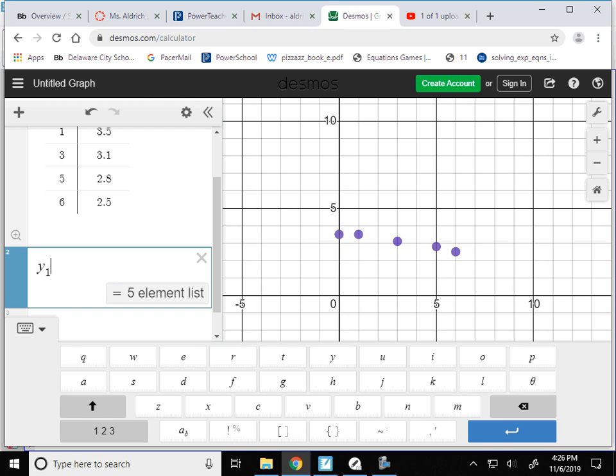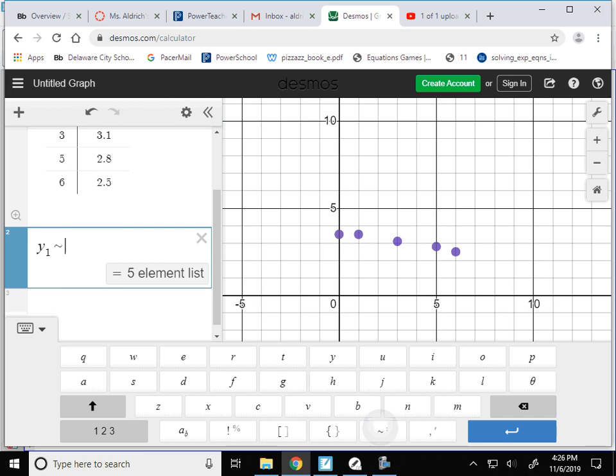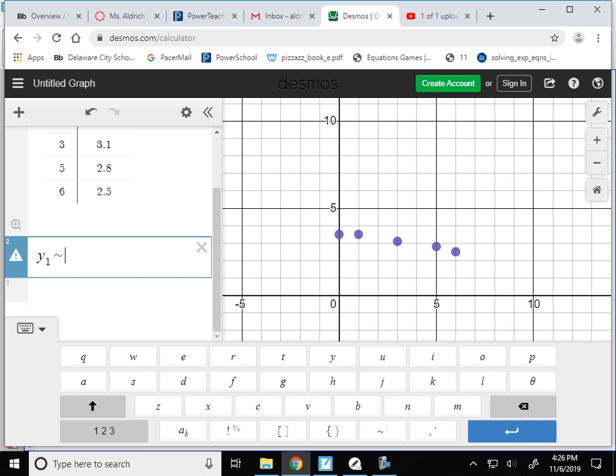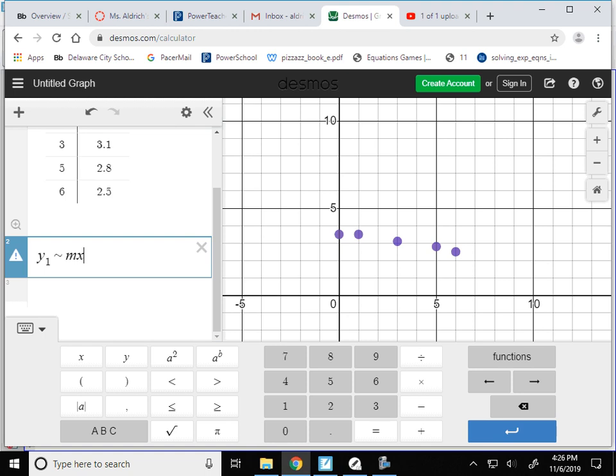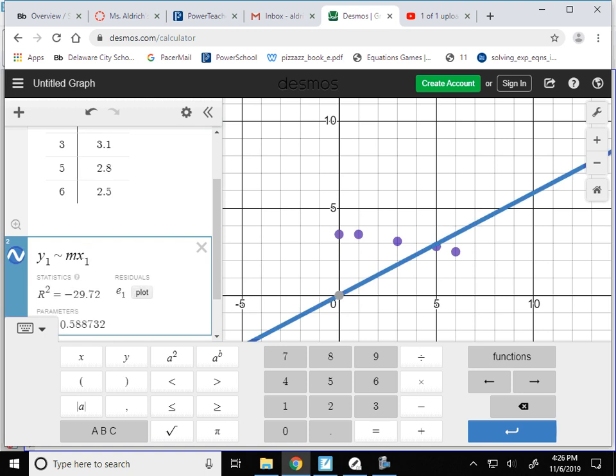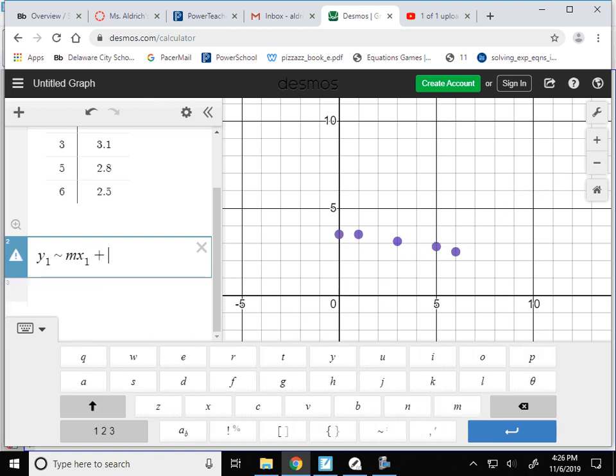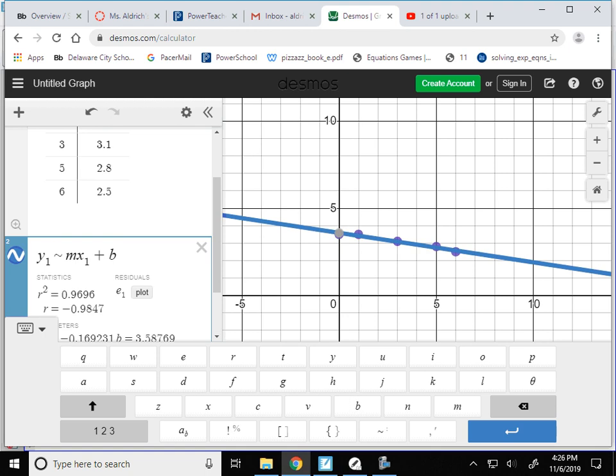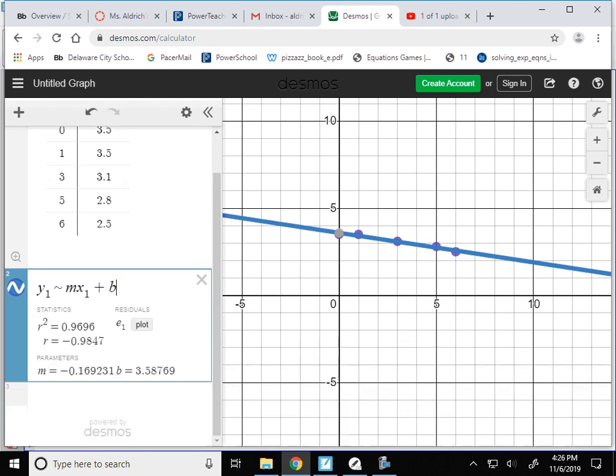Here we went to the letters, and it's down in the lower right. Tilde, then you need m, x, then we type 1 again, plus b. Now you do not have to go to this keypad. I have to because I'm on the TV, or on the smartboard. If you're on your computer, you can just type m and b from the keypad that's on your computer.